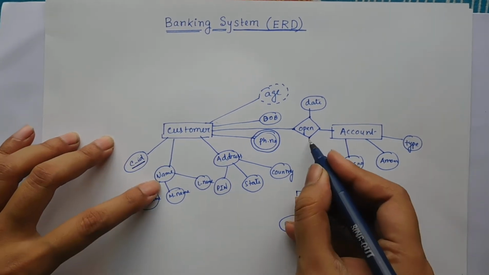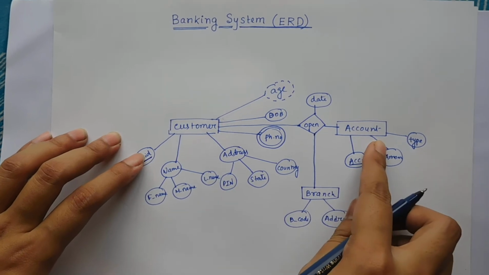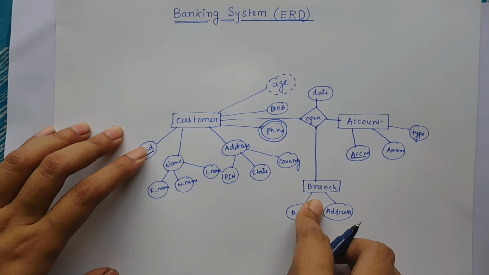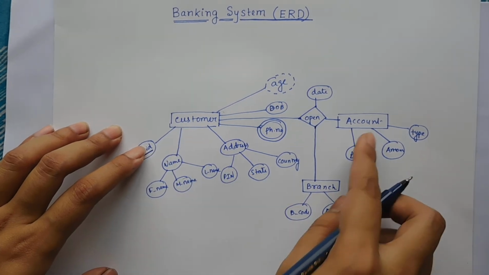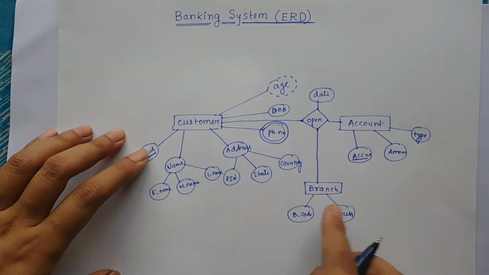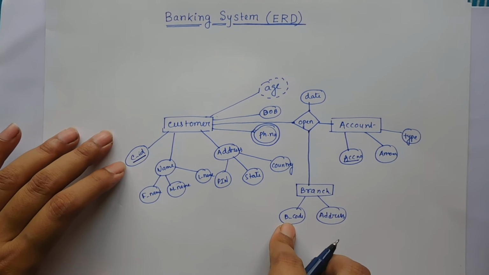Now the relationship: a customer can open an account in this branch. So it is a ternary relation. It relates three entities. A customer can open an account in this branch.